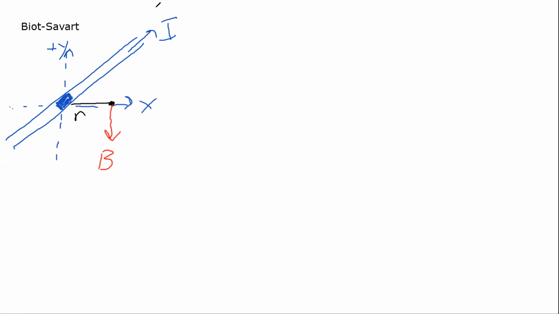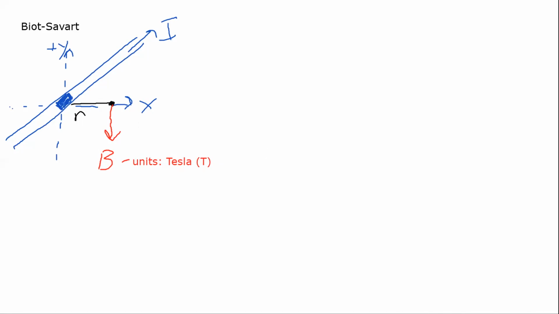Okay, so B is going to be our symbol for magnetic field, and the unit for magnetic field is the Tesla. Okay, so they did different currents, different distances, and this is what they noticed, the magnetic field from this wire.